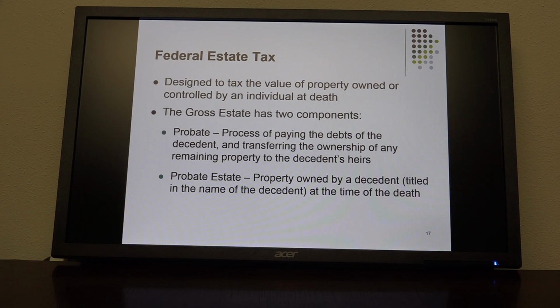So gross estate is usually broader than the probate estate.